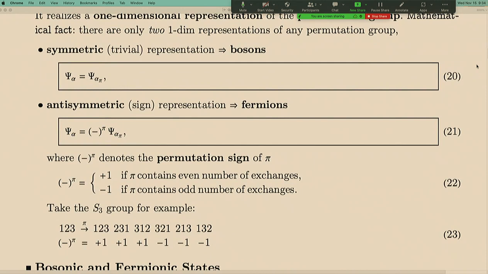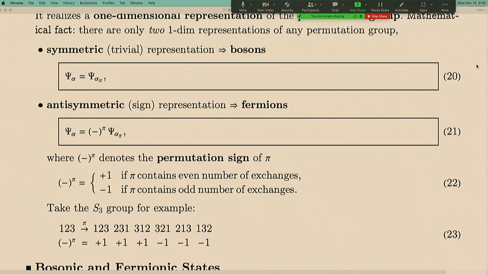The permutation sign is defined such that it is +1 if the permutation contains an even number of exchanges, and -1 if it contains an odd number of exchanges. This is precisely the principle that if every exchange gives a minus sign, then exchanging 3 times still gives a minus sign, and exchanging 4 times gives a plus sign. That's why this is a sign associated with each permutation.